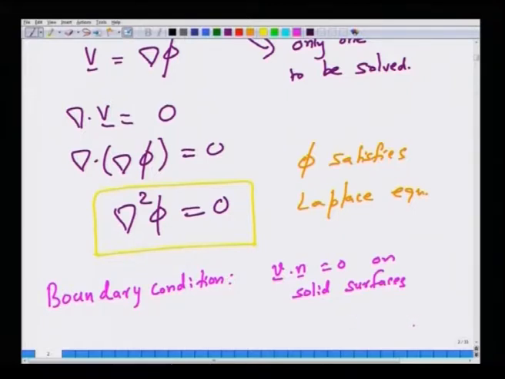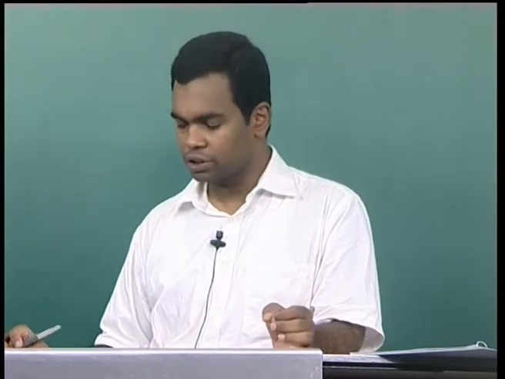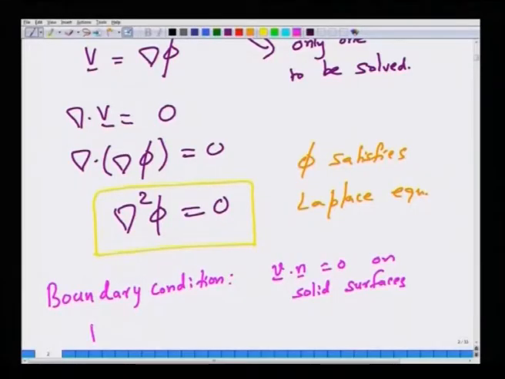So, we cannot satisfy all the boundary conditions present in the problem, as that will lead to an over-specification of the Euler equation problem. So, we have to necessarily sacrifice or forego one of the boundary conditions. So, we actually omit the tangential velocity condition in the inviscid flow regime.